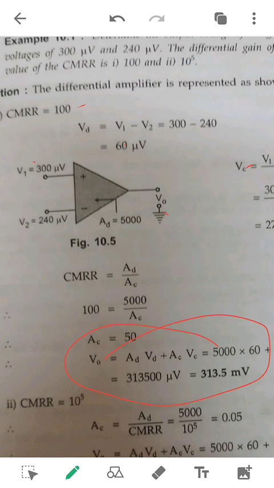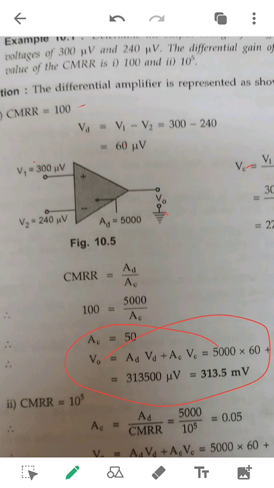So you get VD is 60 microvolt, AD is already given 5000, plus AC VC, you will get 50 into 270.